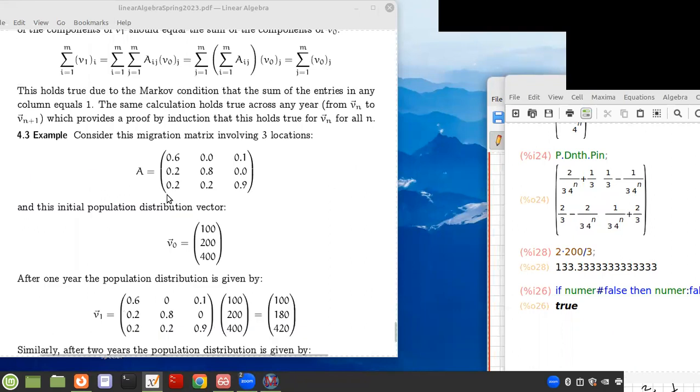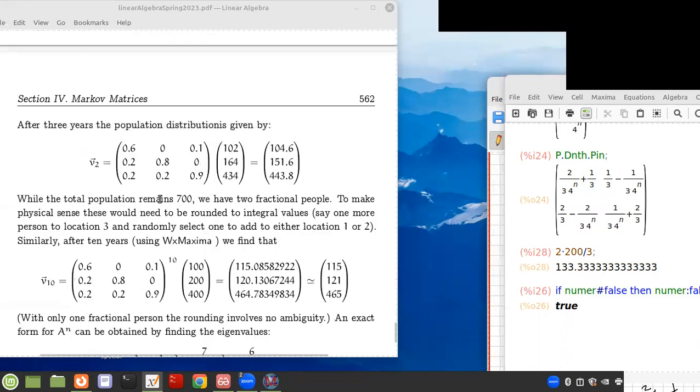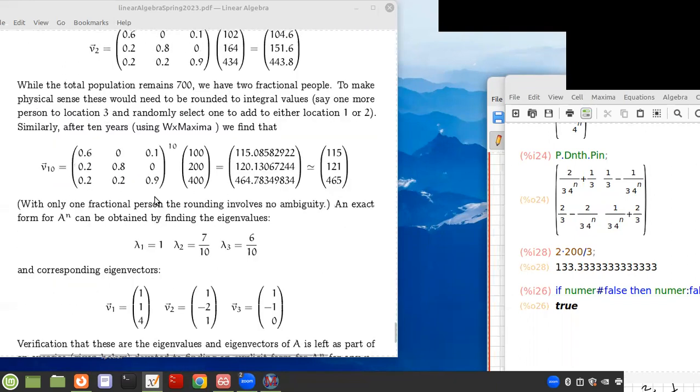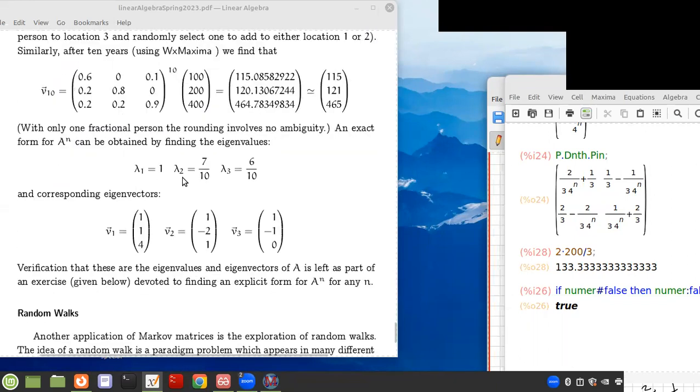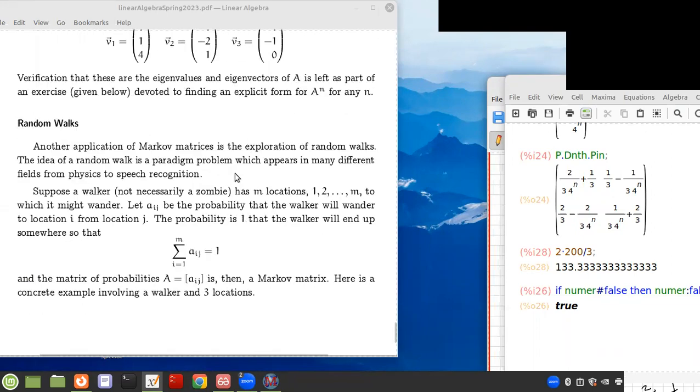It goes through and does this with a 3x3 example. And there are some examples in the text that show you the same procedure. However, here you could just use wxMaxima to find v to the 10th, and that's going to be close to the final value.